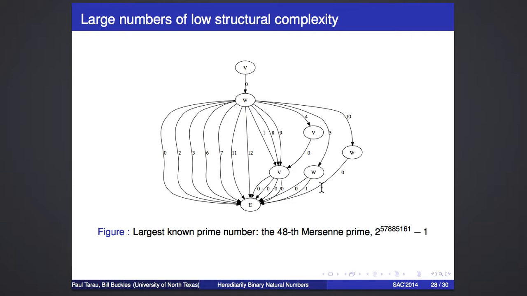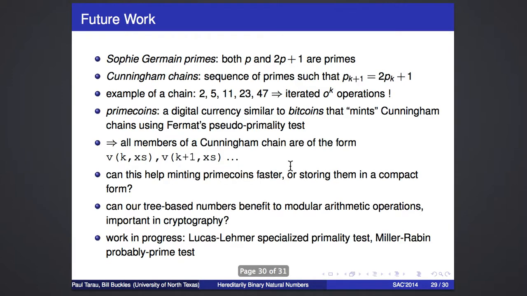Very compact representation for this very large number. Also, most of the record holder prime numbers, besides the Mersenne ones, have similar very small representations. We don't have room for that in this paper, but in a follow-up paper we'll go over that in full detail. So some of the future work.